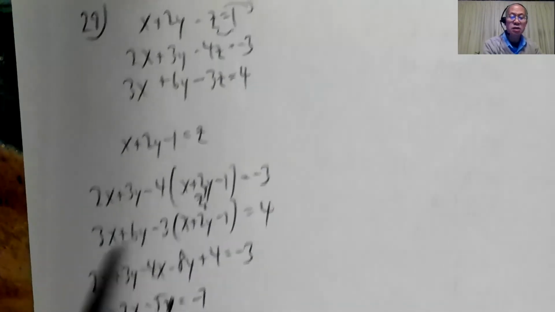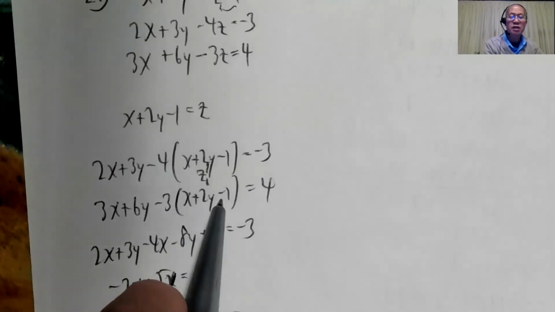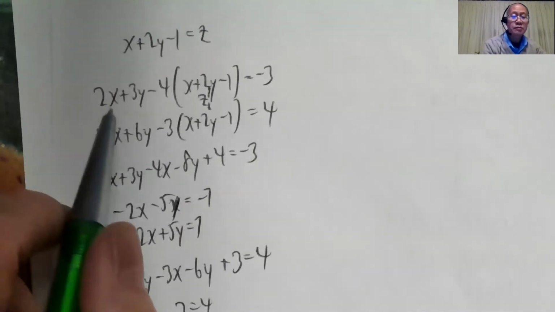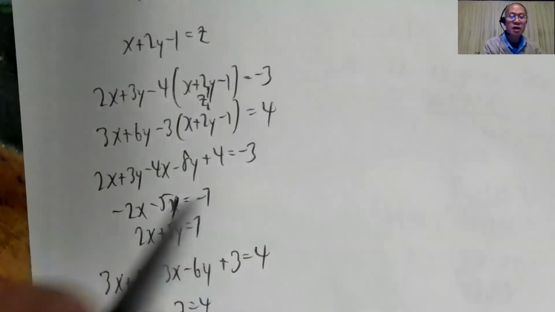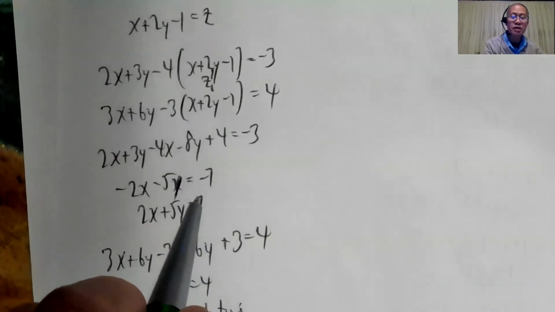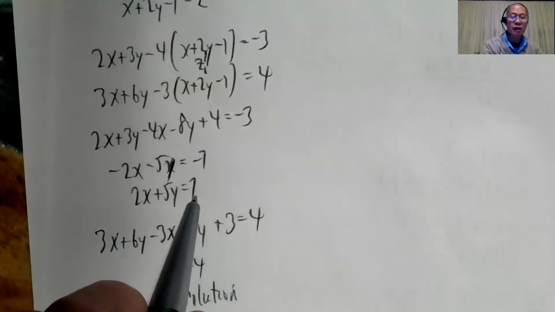This is z, and this is also z. 3x plus 6y minus 3 times x plus 2y minus 1 equals 4. All right, so this gives me 2x plus 3y minus 4x minus 8y plus 4 equals negative 3. That's negative 2x minus 5y, subtract 4 is negative 7. Multiply both sides by negative 1, 2x plus 5y equals 7.